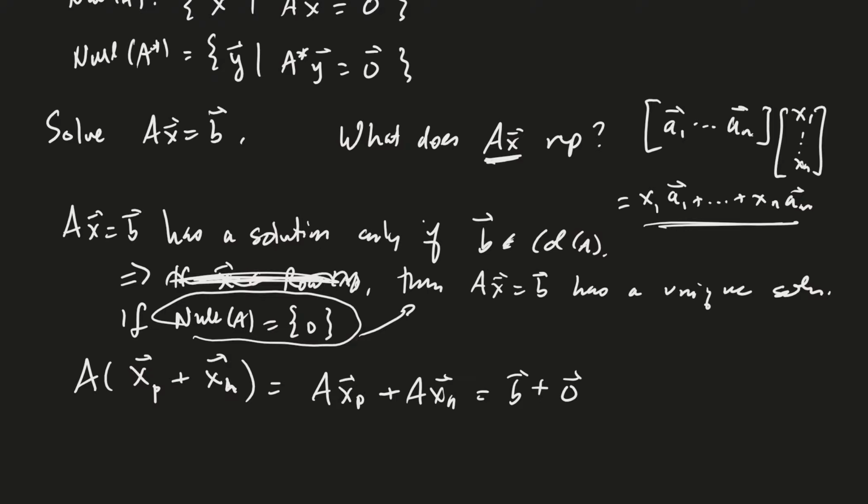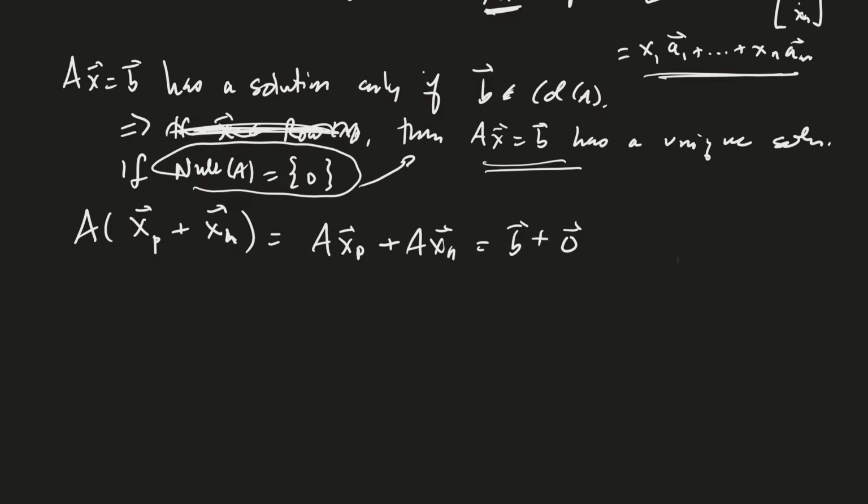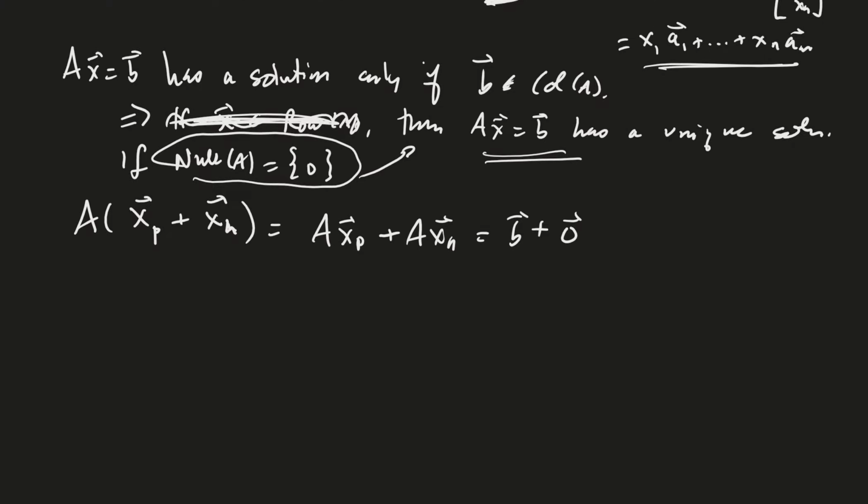So then, how many things have we gone through? So far we've looked at when does AX equal B have a unique solution? When does AX equal B not have a unique solution? Well, if the null space of A is not just the zero vector. By the way, if A is a square matrix, it has a unique solution only if the matrix A is invertible.